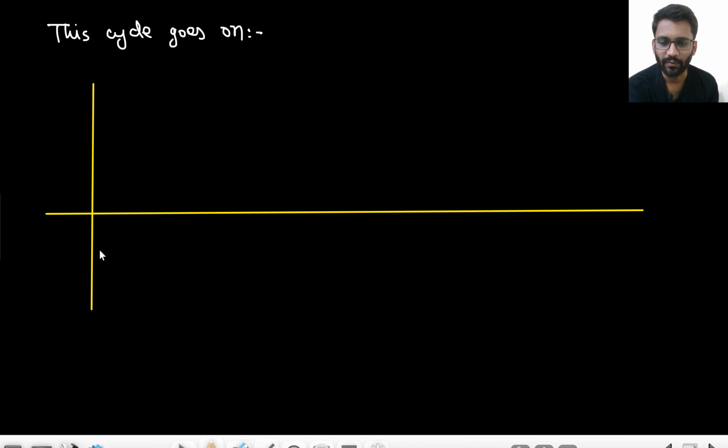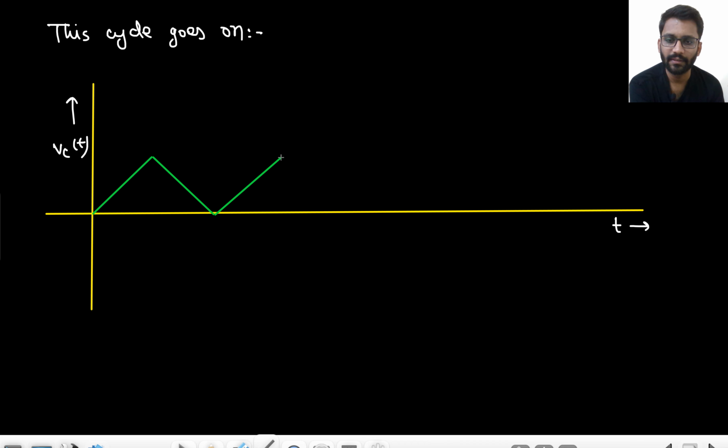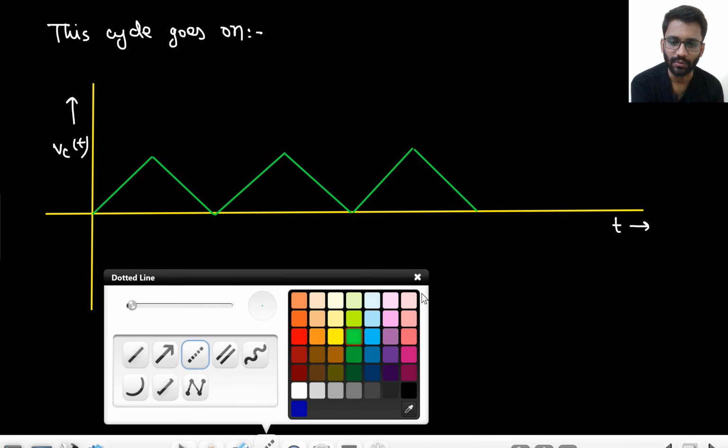So this is how the waveform looks, VC(T). First it charges, then it discharges, then again charges, again discharges, and this cycle goes on.